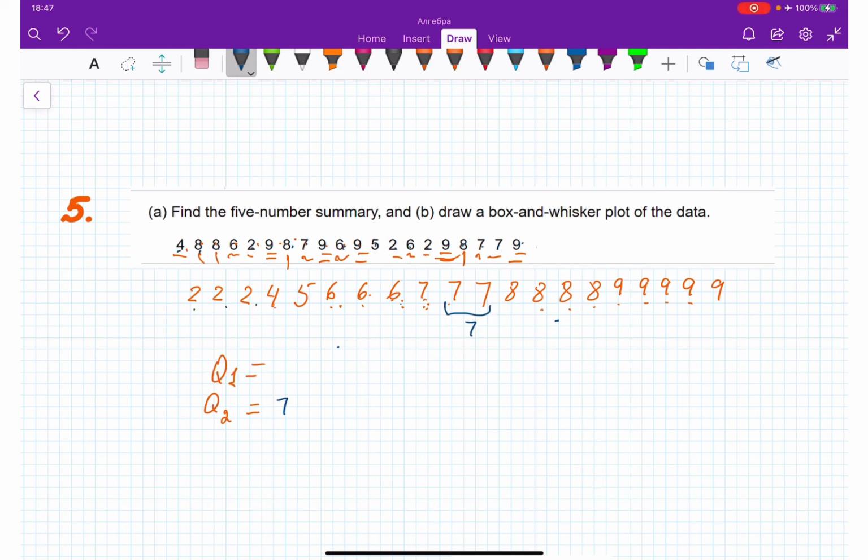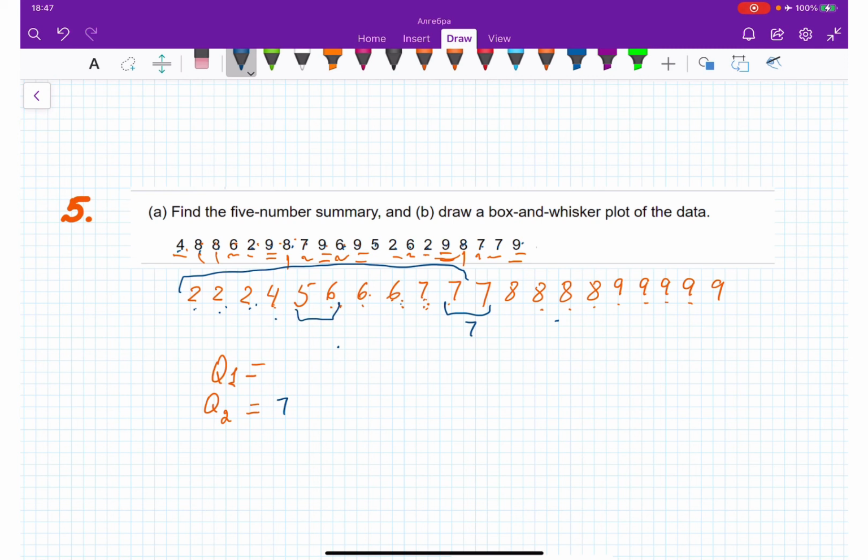Now let's find Q1. It's going to be 10 total, the whole lower piece. So the average is going to be the 5th and 6th element, right? The mean of the 5th and 6th element. 1, 2, 3, 4, 5, and 6.